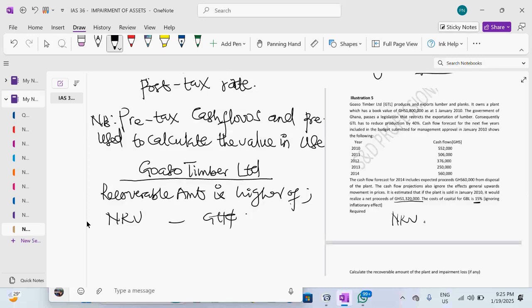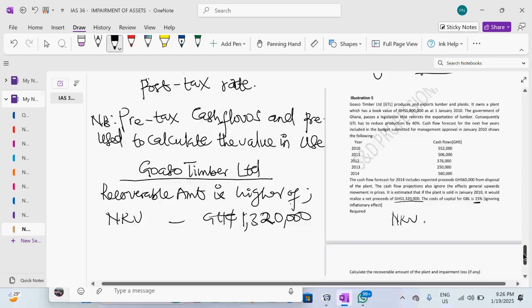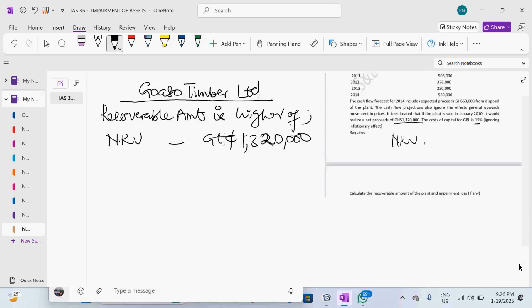Do you have any cost to sell here? So there is no cost to sell. Therefore, we assume that the cost to sell is 0. So our net realizable value is 1,320,000.